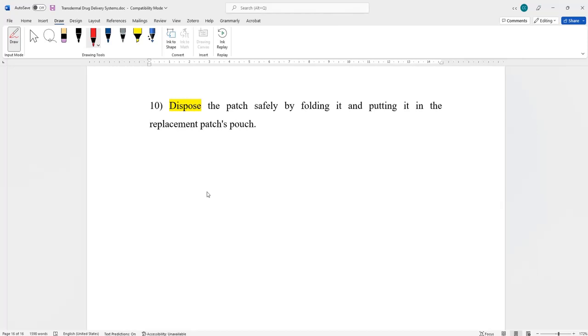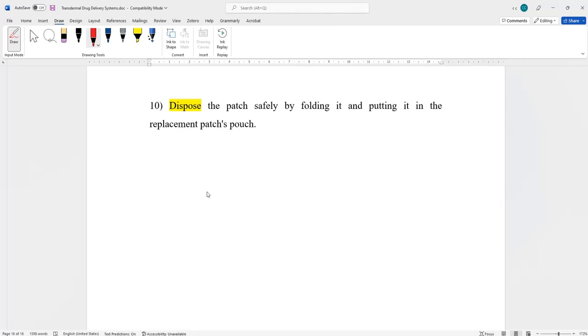You go to the old one that is stuck on your skin, remove it from your skin, fold it, put it in the package of the new patch, and then throw it away, because you don't want anyone else to touch it, because some drug will still be there in the patch.